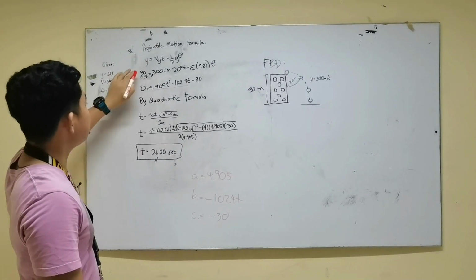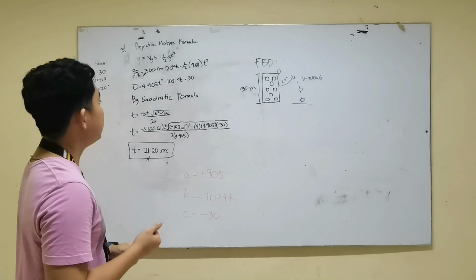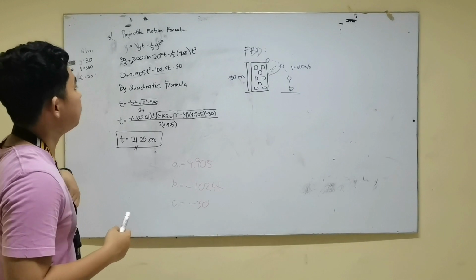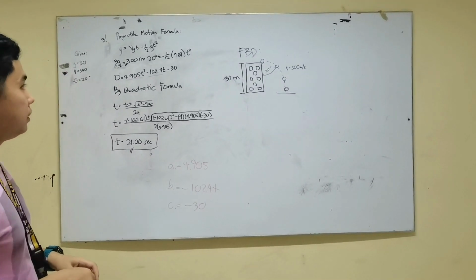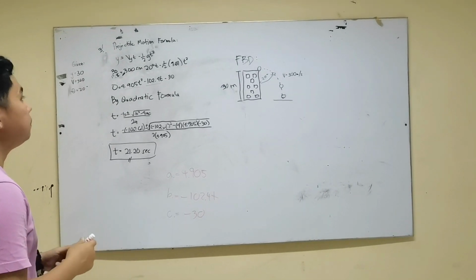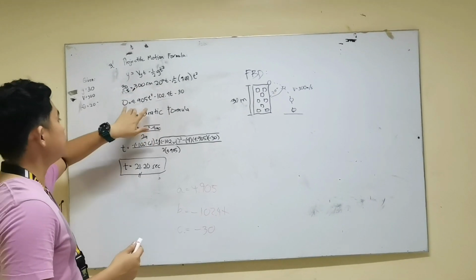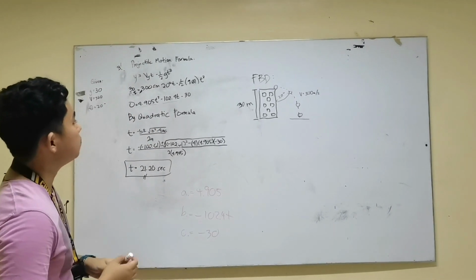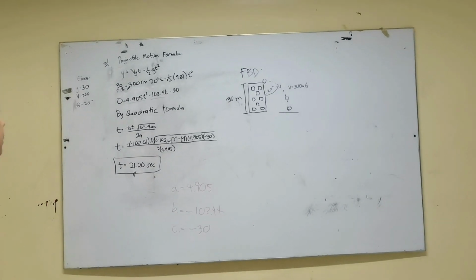For y, the height of the building, 30 equals 300, the velocity, times sine 20 degrees times time, minus 1/2 times the gravity, 9.81, times t squared. After rearranging, we get the equation 0 equals 4.905 t squared minus 102.40 t minus 30.